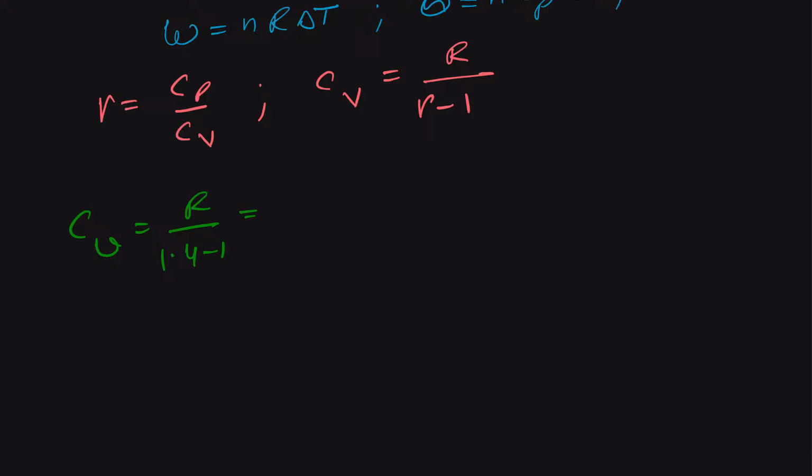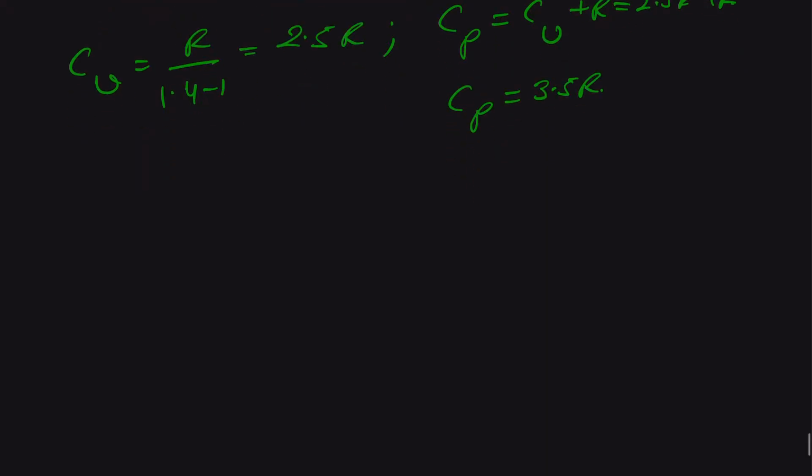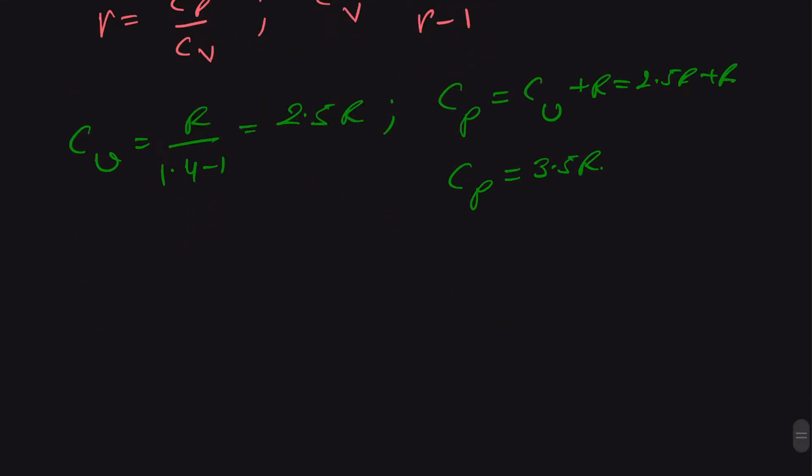This gives us 2.5 times R, and Cp is equal to Cv plus R. So this comes as 2.5 R plus R, giving us Cp is equal to 3.5 times R, and work done is given to us as 100 joule. Therefore we get that W is equal to nR delta T is equal to 100.